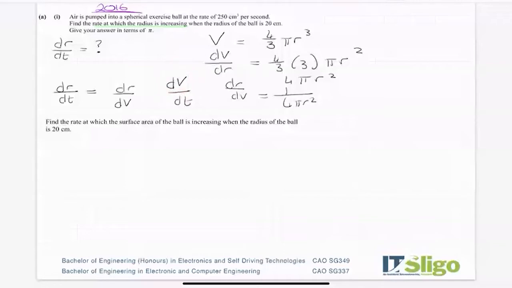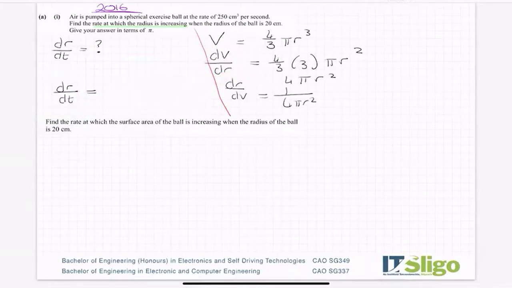Now, what am I doing? Let me just explain that a small bit. I want the rate of change of radius with respect to time. I have a formula here from the volume because the volume is changing. The only thing I can differentiate that with is respect to the radius. How did I build up this one? Well, I know I need dr/dt on the top, so I'm going to have a dr here.